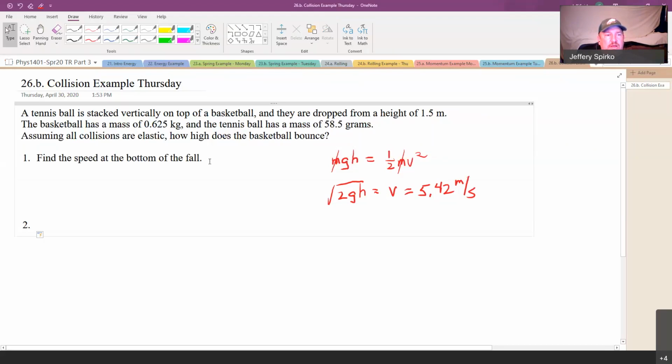And the second thing we have to do is let the basketball bounce elastically off the ground. Now this is actually a lot easier than a typical elastic collision.